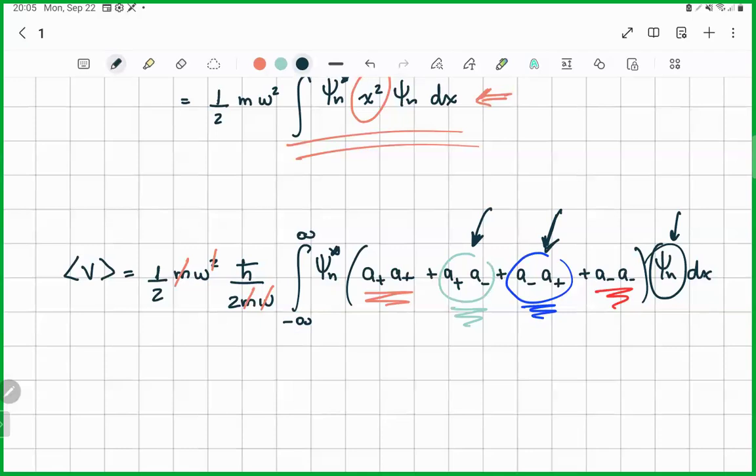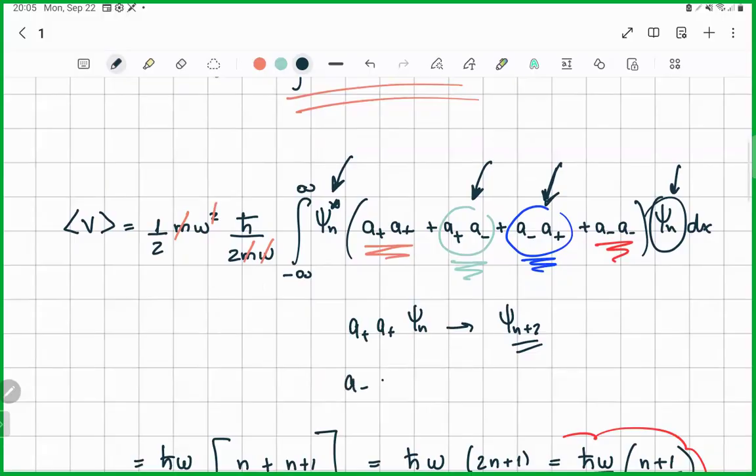If I don't have equal numbers of A plus and A minus, we are going to end up with a state that is not psi n. This is the case of A plus, A plus: we have two A plus but no A minus. So this takes us to an n plus 2, which is going to cancel. If I put two A minus, again, this is going to take us to a state different from psi n.